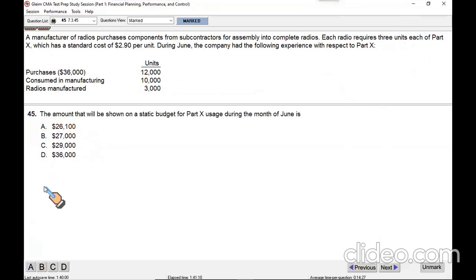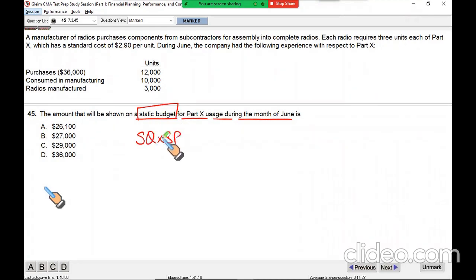Now, it says the amount that will be shown on a static budget for part X usage during the month. Remember, the static budget is the original budget that we made. And remember, static budget uses the standard quantity at standard price. Standard quantity, original budget, standard price. Now, how many units did we plan to produce here? Let's read the question.